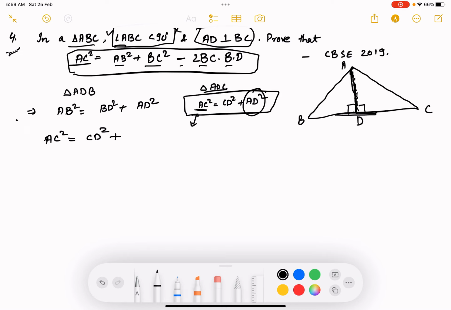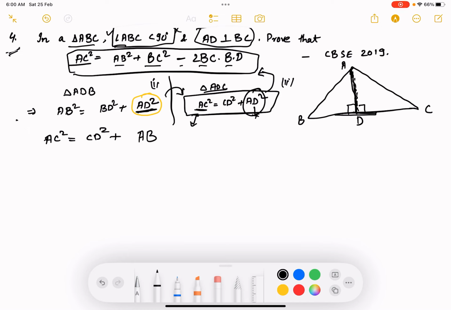We don't have AD in our final equation, so we'll eliminate AD. AD square will be equal to AB square minus BD square. We'll substitute the value of AD from equation 1 in equation 2.